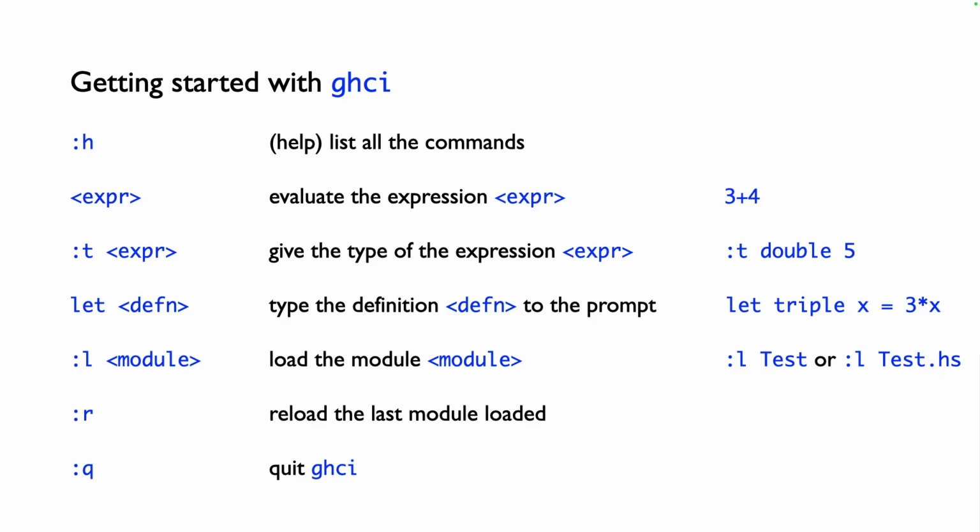But in the meantime, you can see that the basic operation of working with GHCI is very simple. We can evaluate expressions, we can ask for the type of expressions, we put definitions into modules, we can then load those modules into GHCI, and we can use those definitions inside expressions that we evaluate. And that's it.